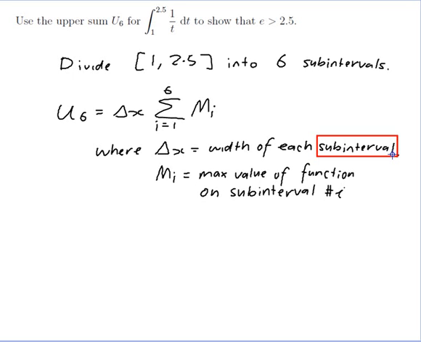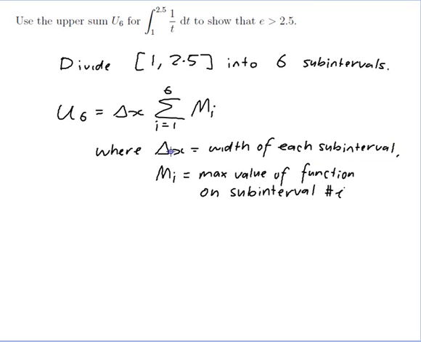So let's read this out. Divide the interval from 1 to 2.5 into 6 subintervals, then u6 is equal to delta x times the sum from i equals 1 to 6 of capital Mi, where delta x is the width of each subinterval, and capital Mi is the maximum value of the function on subinterval number i.